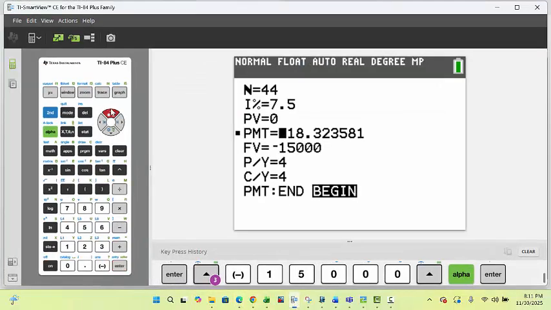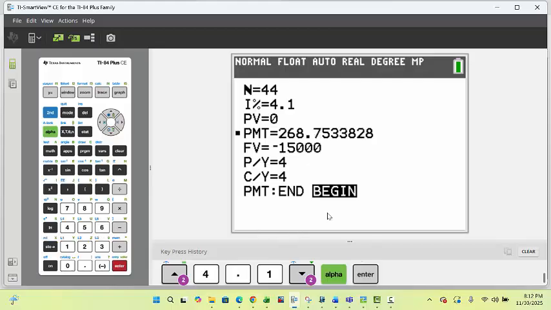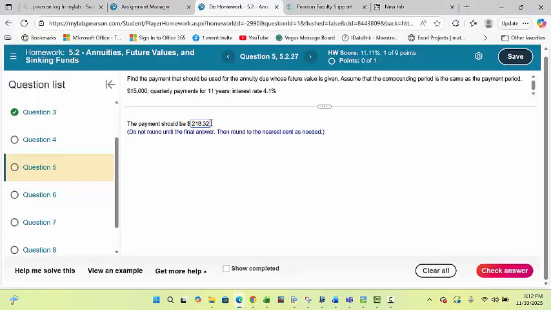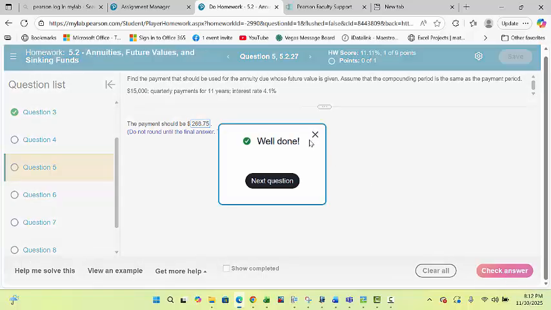Oh, the interest rate. I didn't put in the new interest rate. Okay. 4.1. That's the only thing I didn't change from the last one. So let's go back here and highlight this now. Let's try 268.75. Okay. All right, well, that's good.